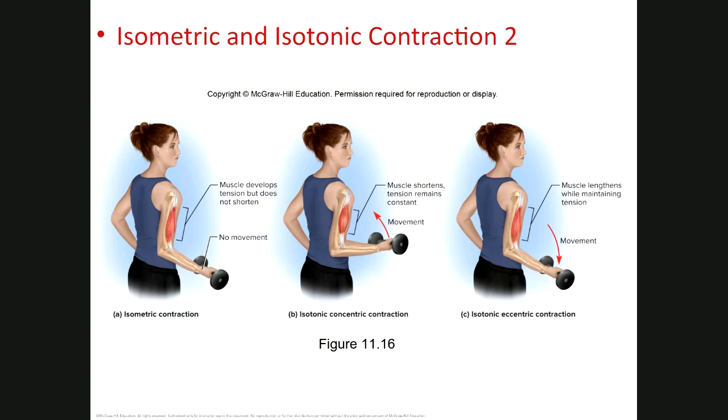So you see, a lot of things happen from isometric to isotonic to isometric, from potential to kinetic to potential, from potential again to kinetic to potential, and then from concentric contraction to eccentric.